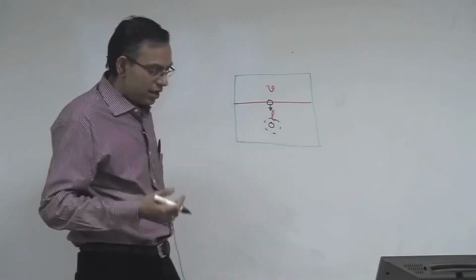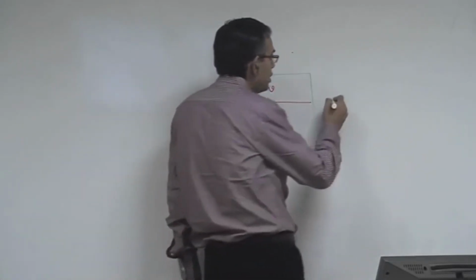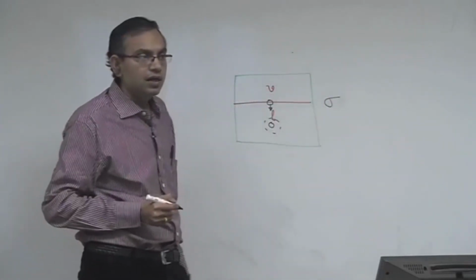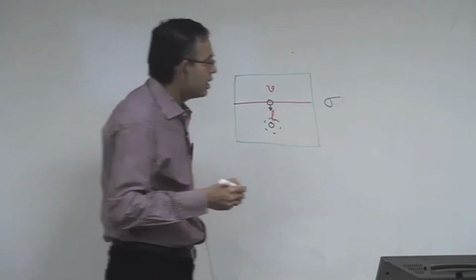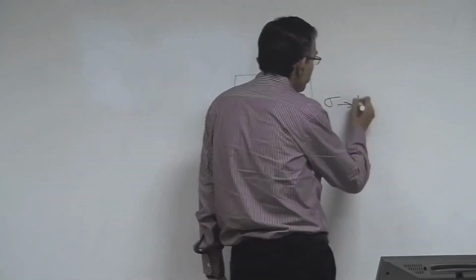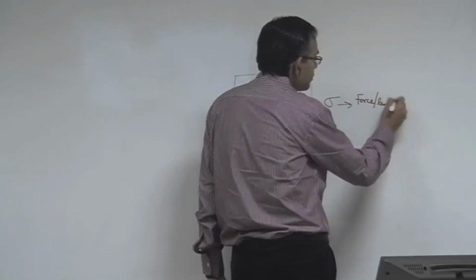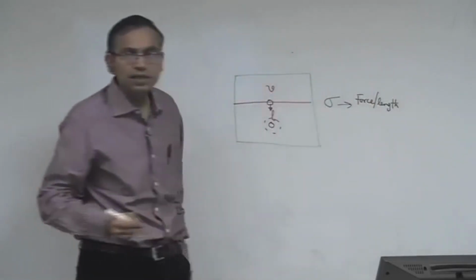So, the surface tension or the surface tension coefficient sigma between two phases is expressed as a force per unit length of the interface. Its unit is Newton per meter.